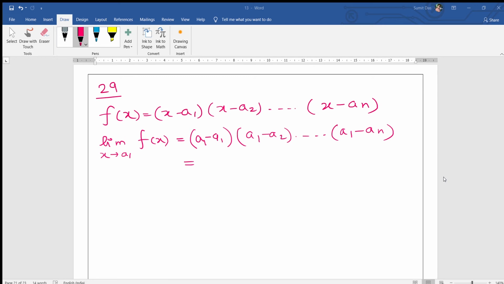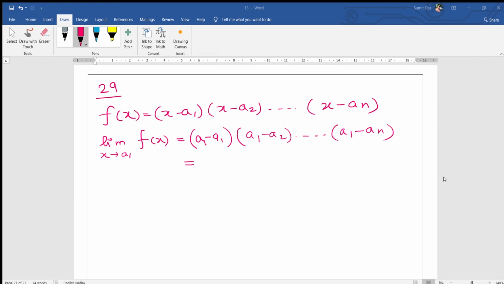Suppose f(x) is equal to (x minus a1)(x minus a2) continuation of (x minus an). Just this is the function.